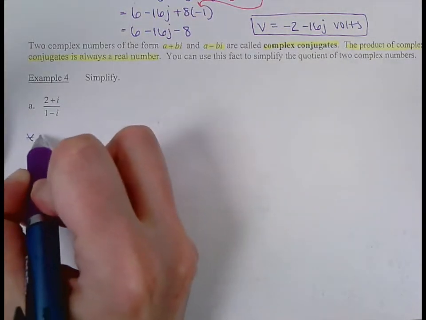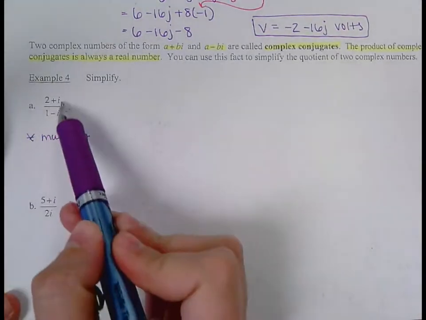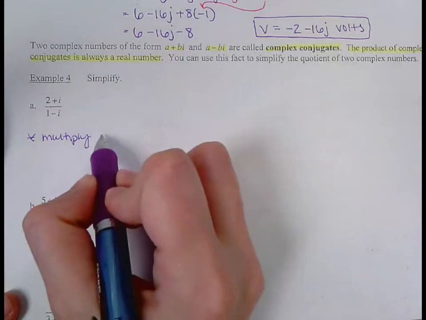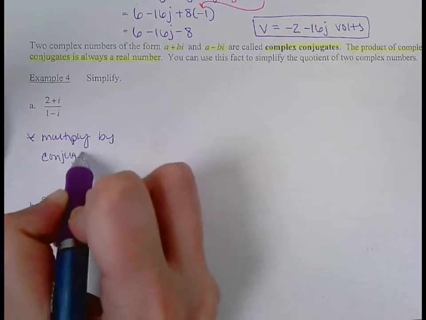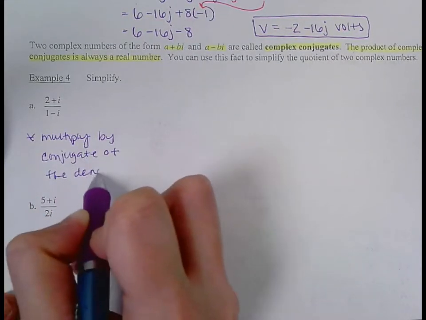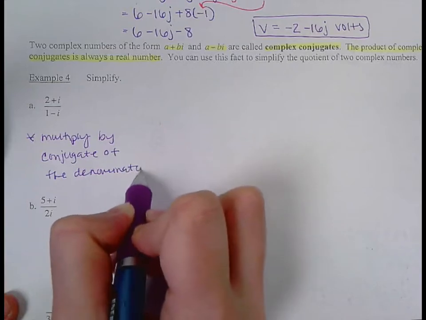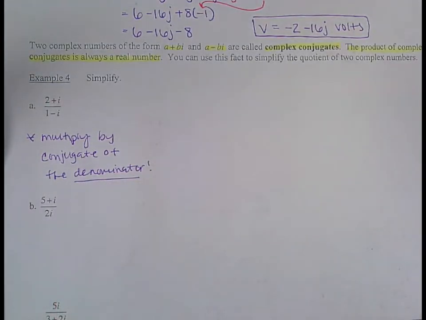We multiply, and we're multiplying both the top and the bottom of the fraction, but we multiply by the conjugate of the denominator. And that's important that you're multiplying by the conjugate of the denominator, not the conjugate of the numerator.